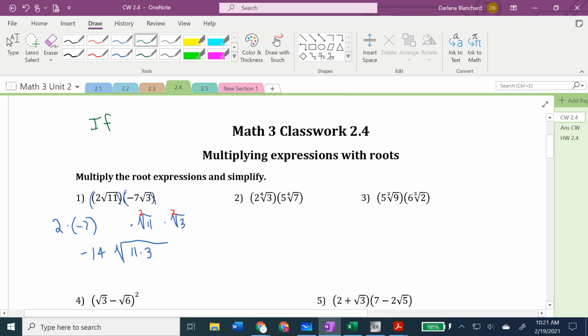If this was the square root of 11 plus the square root of 3, you could not do this. This is incorrect. Make sure that you don't allow addition to go through the distributive property with roots.